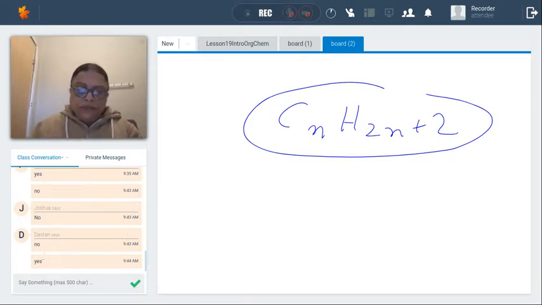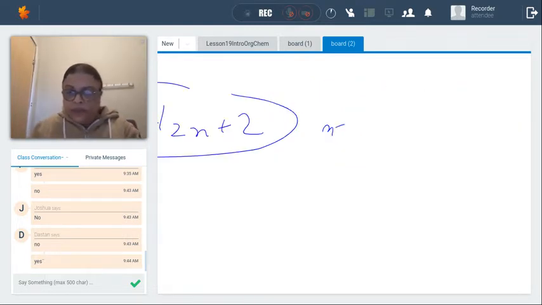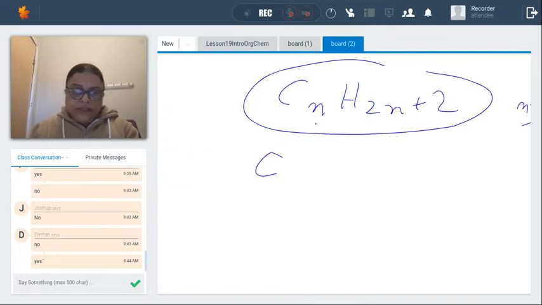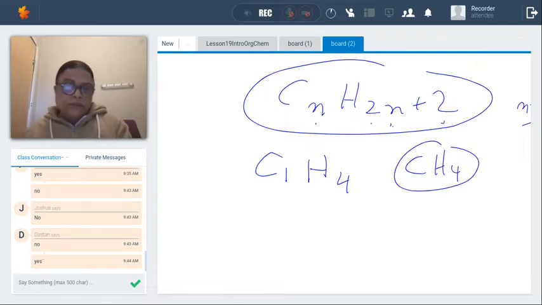Because n is always a whole positive number. When n is 1, C1, then H would be 2 times 1, it is 2, 2 plus 2 is 4. So CH4. This is one member.